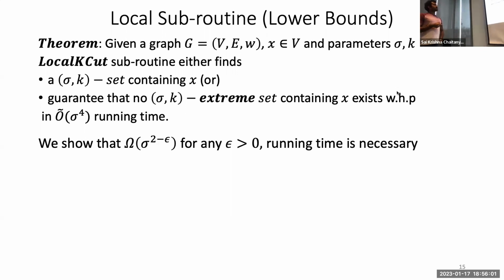Basically, Omega of sigma square is the best you can do, where epsilon is any small constant. So you can't improve polynomially over order of sigma square. There is a gap here. And this assumes the OMV conjecture, the online matrix vector multiplication conjecture.